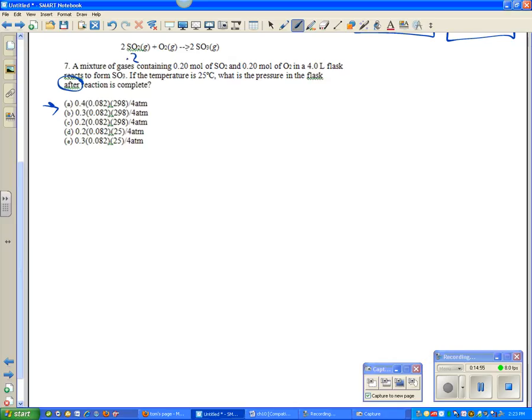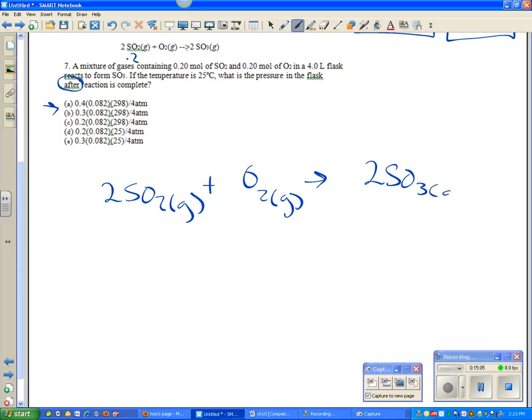It says 0.2 of this. Let me write it here. You've got 2 SO2 gas plus O2 gas goes to 2 SO3 gas. I'm going to put initial. It tells you that you start with 0.2 of this plus 0.2 of this, and you make, who knows?